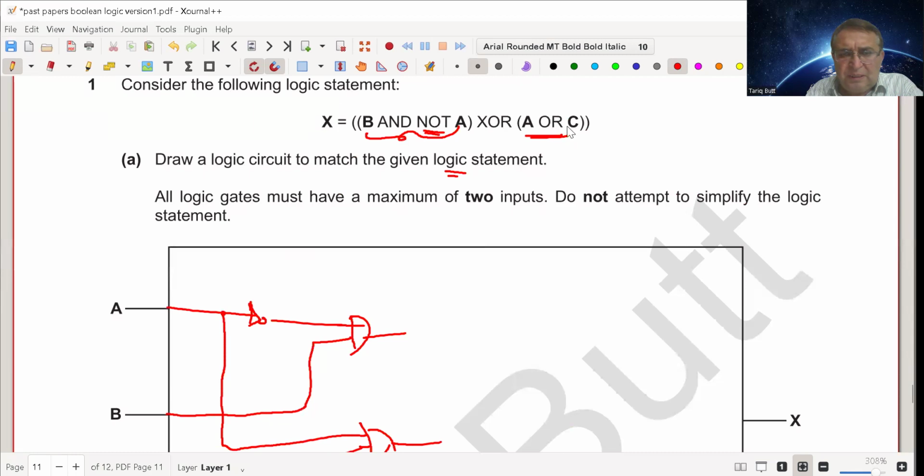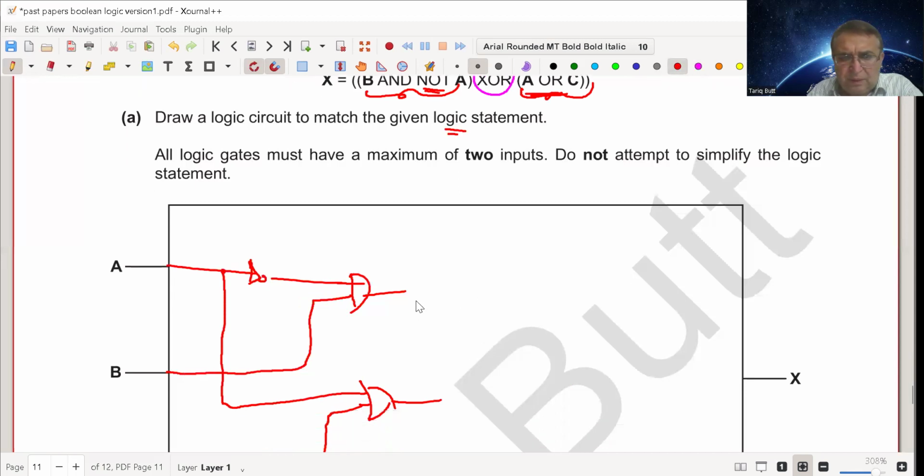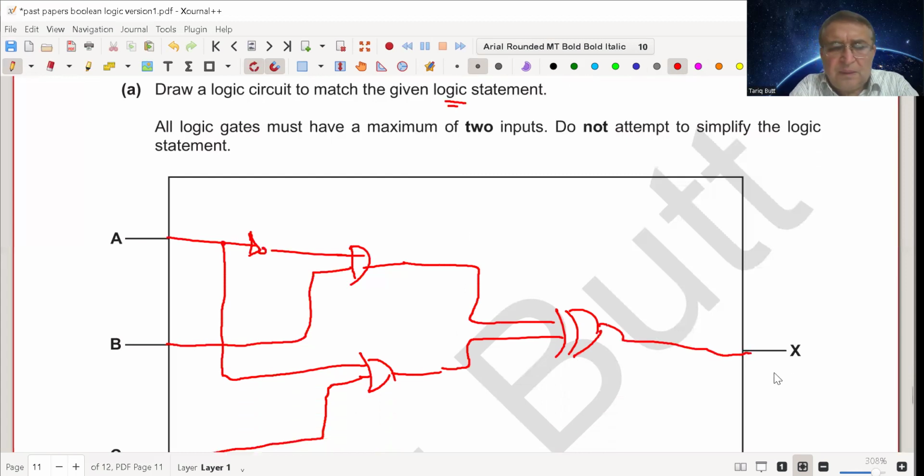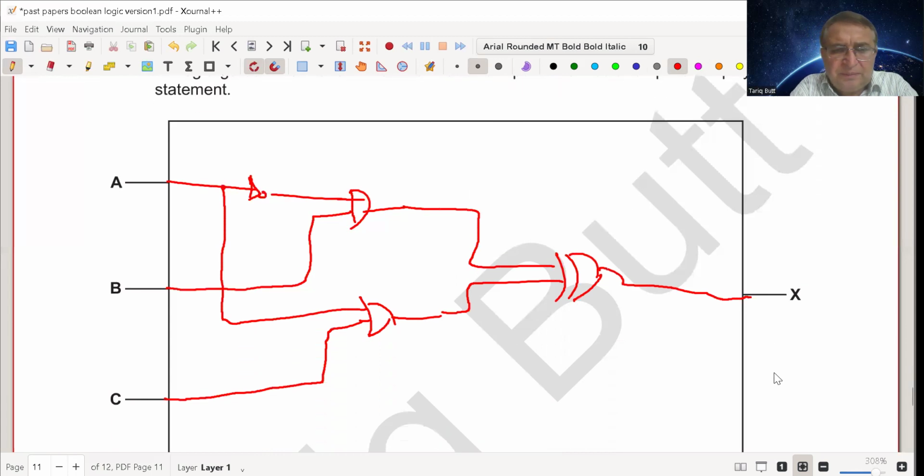A or C. And then you have to XOR these two sub expressions. Fine. So you have to XOR them. This is simple for exclusive OR, and that's it. So I hope it is clear.